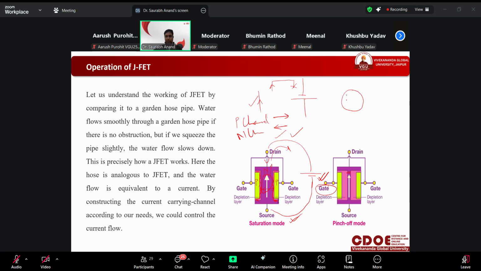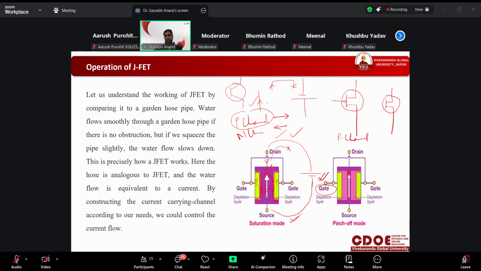We will draw the symbol at the same time. This is the JFET symbol. If it is outside, then it will be P channel. In BJT, it was like this, you should understand that.